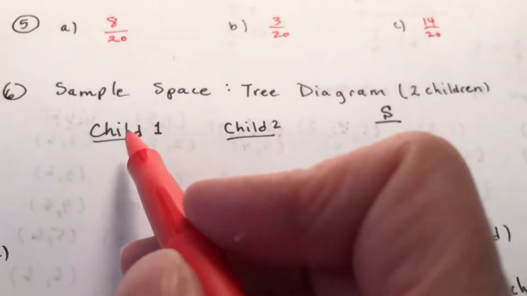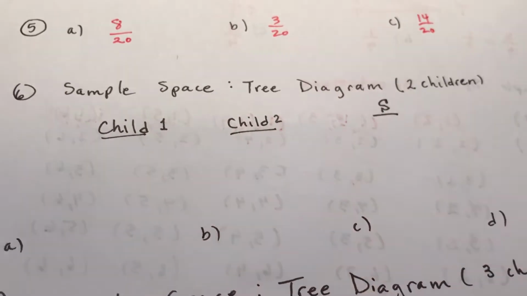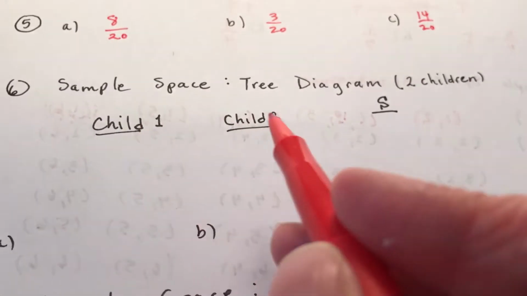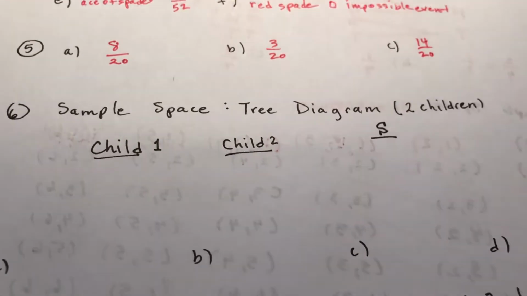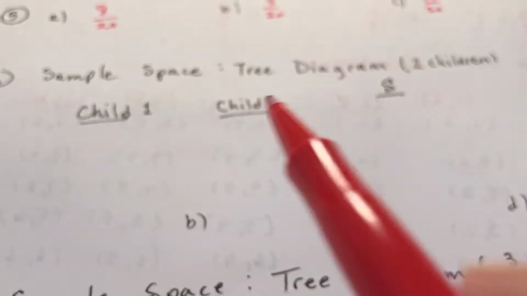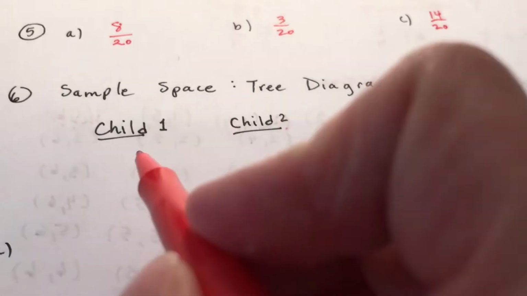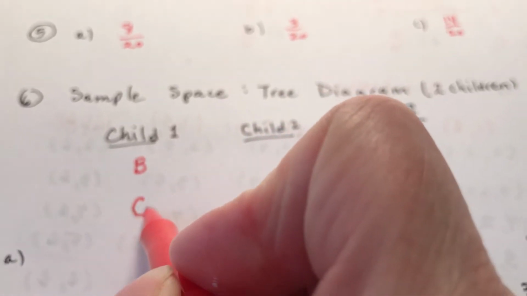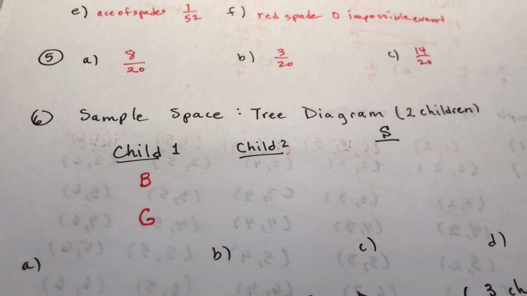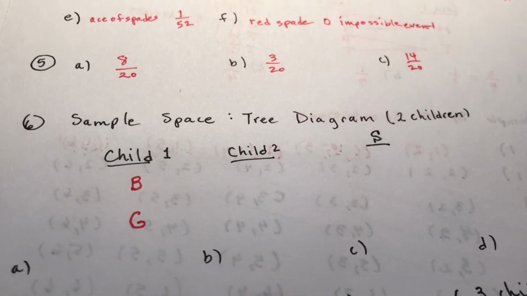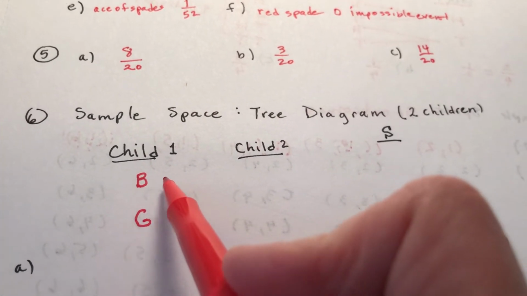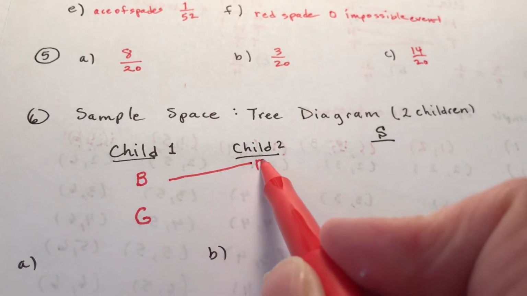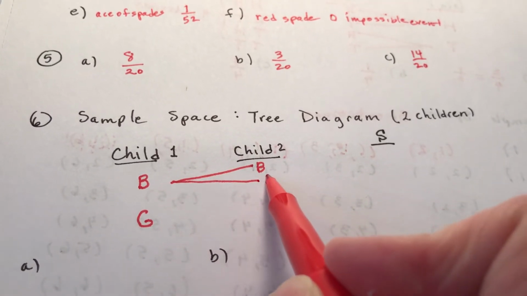So we're going to put child 1 and child 2 and create a sample space. It's kind of like coin 1, coin 2, you know, flip of the coin. And the flip of the coin doesn't just give heads and tails here, but we're going to have a boy or a girl. Okay, so the first child could be a boy or a girl. Now, if we had a boy, then the second child could be a boy or a girl.